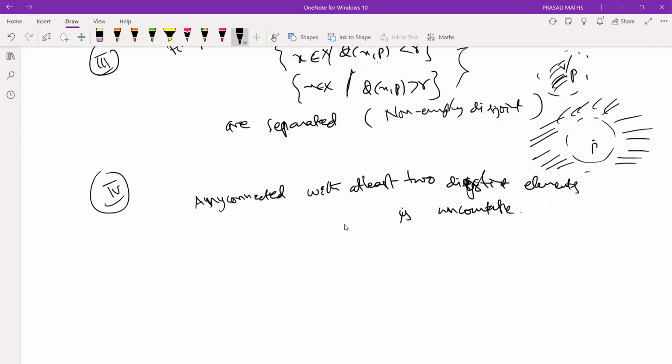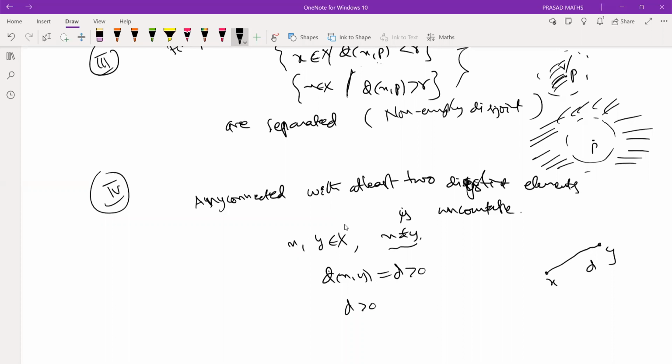Why? Because I can take at least two elements, x not equal to y. These x and y are two distinct elements. You know there is a distance between them. We can call this distance d. You know d is positive because x and y are not equal.